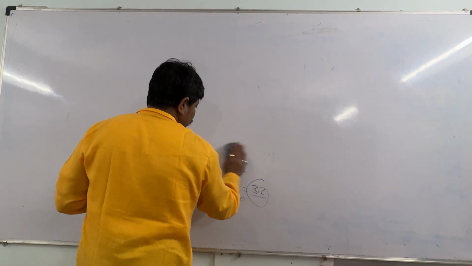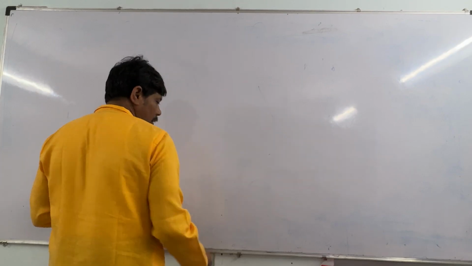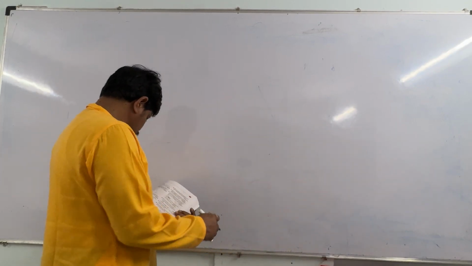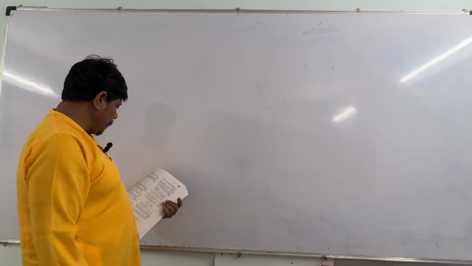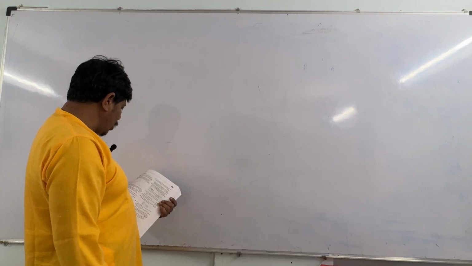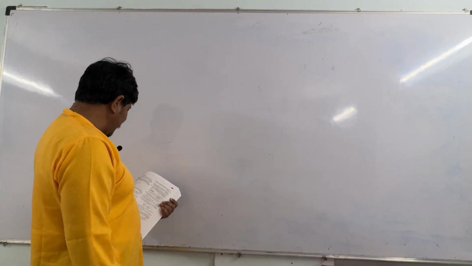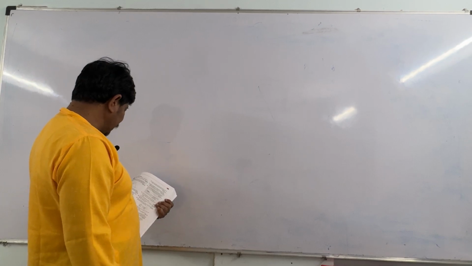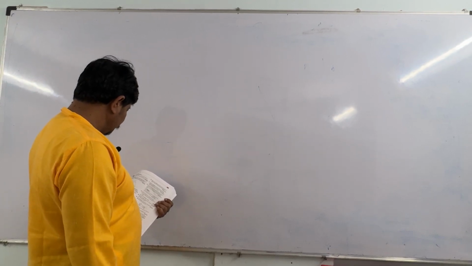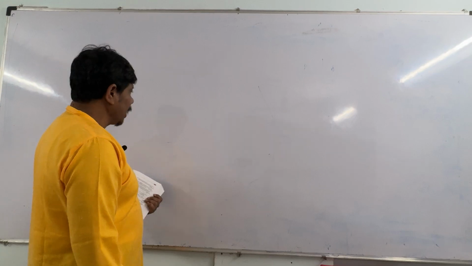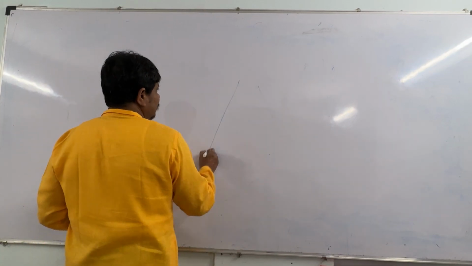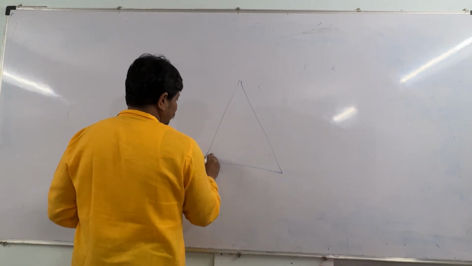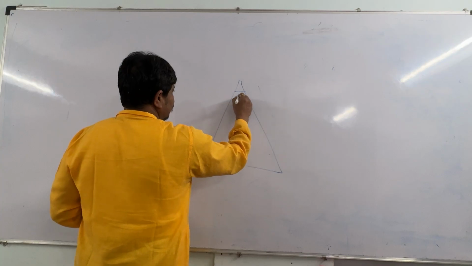Now next question. Complete the path of monochromatic light AB incident on the surface PQ of an equilateral glass slab. This is the equilateral triangle, it is 60 degree.